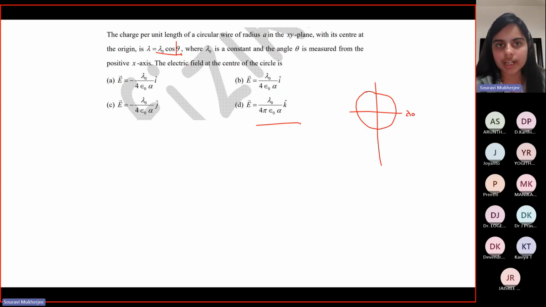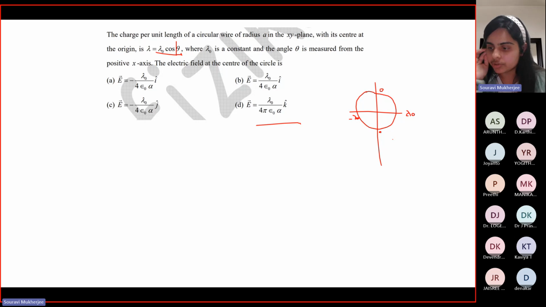What will be the charge at theta equal to 90? It will be 0. What will be the charge at this point? It will be minus lambda naught, right? And now what will be the charge at this point? It should be 0, right?